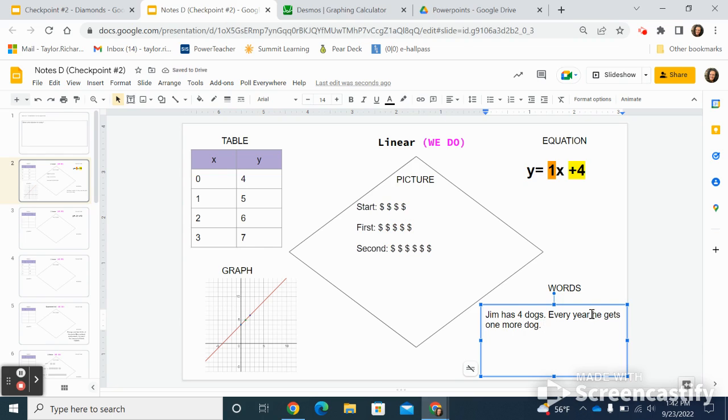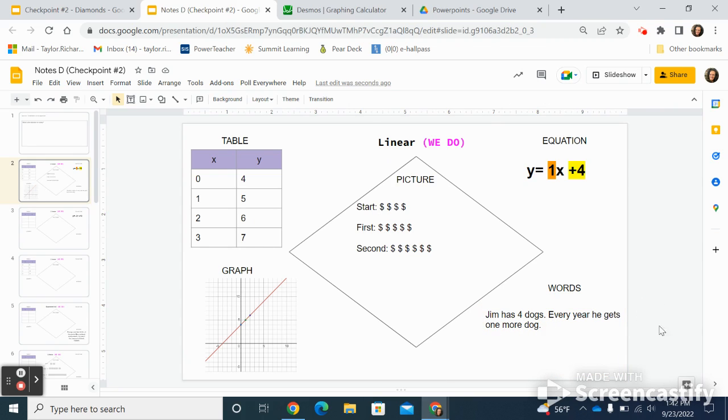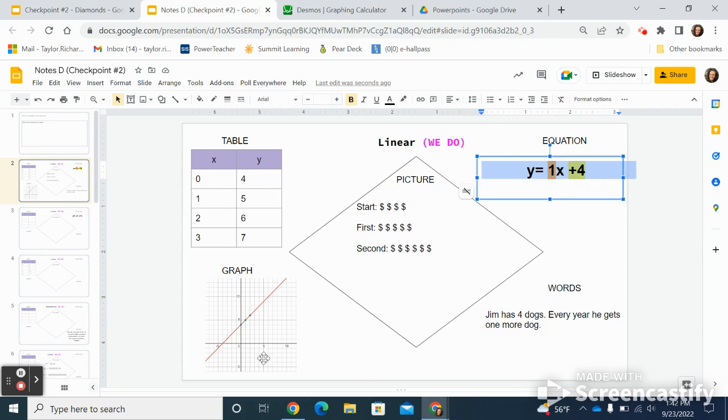You could say every day, every minute, every hour, every month, whatever you want to say, but say that it's going up by one more. Okay? Now this diamond is done. We started with the equation. We just made all of the rest based on that equation.